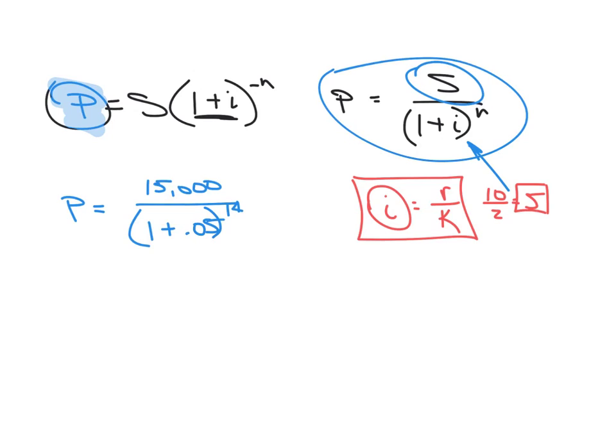Also, where did this 14 come from? Because we're talking about a period of 7 years. So this is where the 14 came from. This letter right here, which is an N, it looks more like an R, that's an N. N stands for the number of compounding periods.